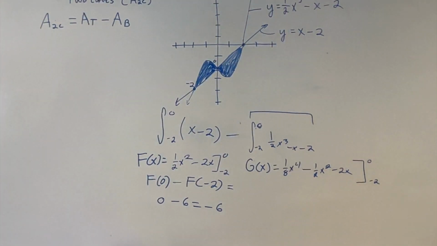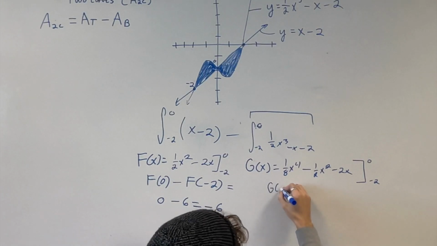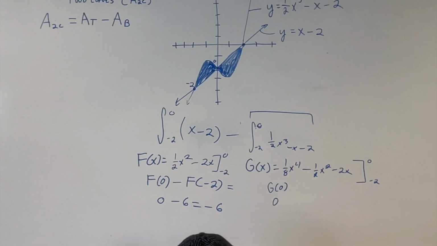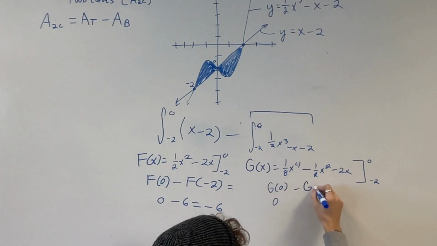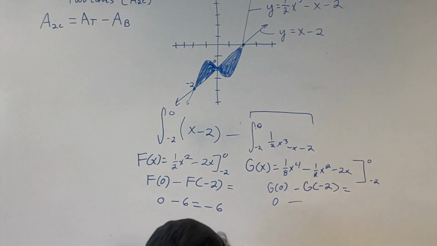Now we just plug and chug to find g of 0. We know g of 0 to be 0. And then I will simply do some plugging and chugging for us because we're subtracting it by g of -2. And that's going to equal some value.